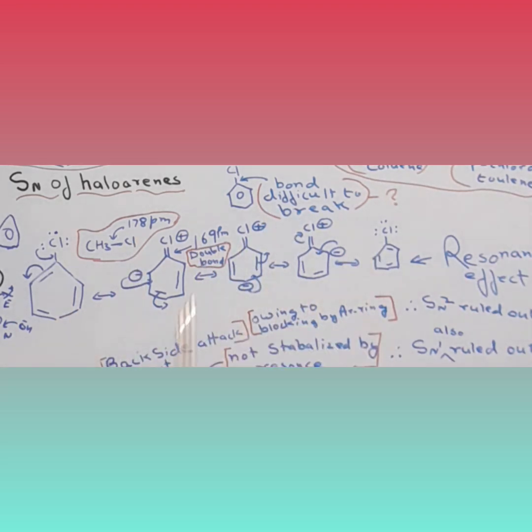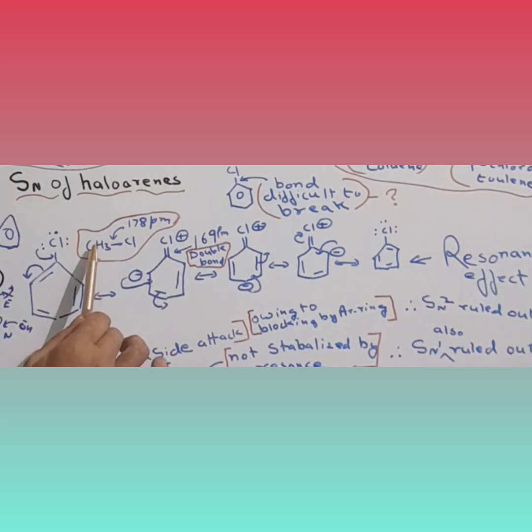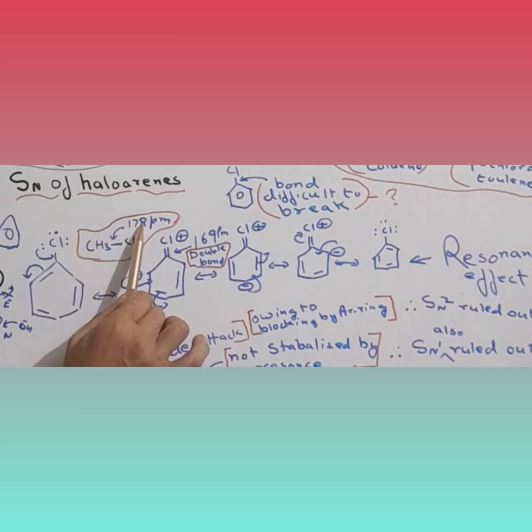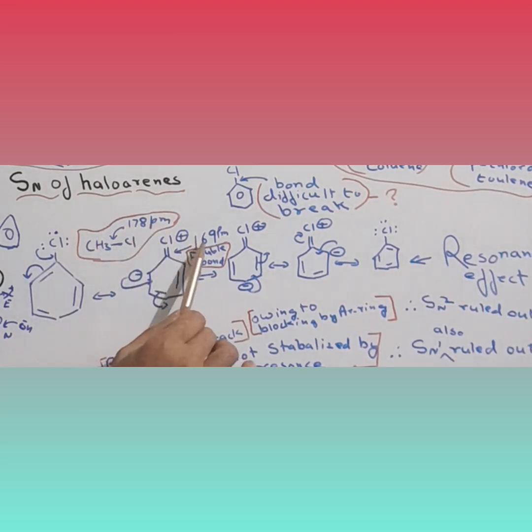So what was all this? Resonance structures. So these resonance structures are stabilizing C double bond Cl. Bond length is 169 picometer, whereas if you check out single bond length of methyl chloride C-Cl, that is 178 picometer, whereas this is 169 picometer, double bond characteristic.